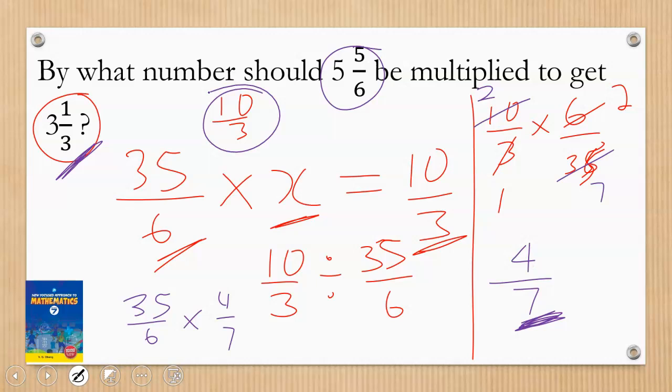Of course, if you check it well, you can see that this can divide itself as 1, and this can divide here as 5. 2 can divide here as 3, and 2 can divide here as 2. So 2 times 5 is 10 over 3, and that gives us the answer.